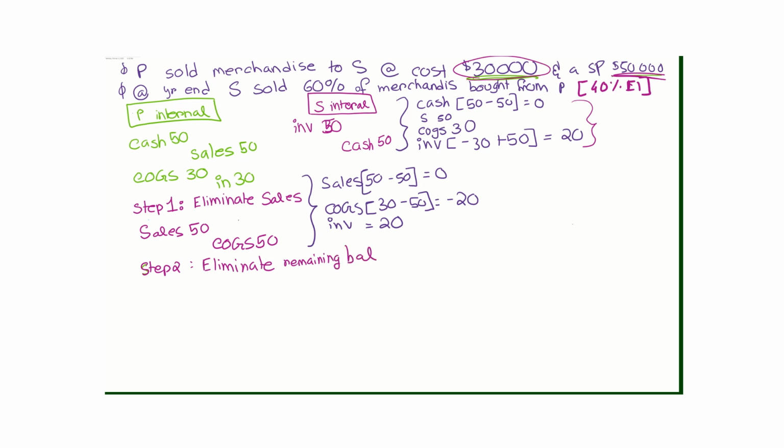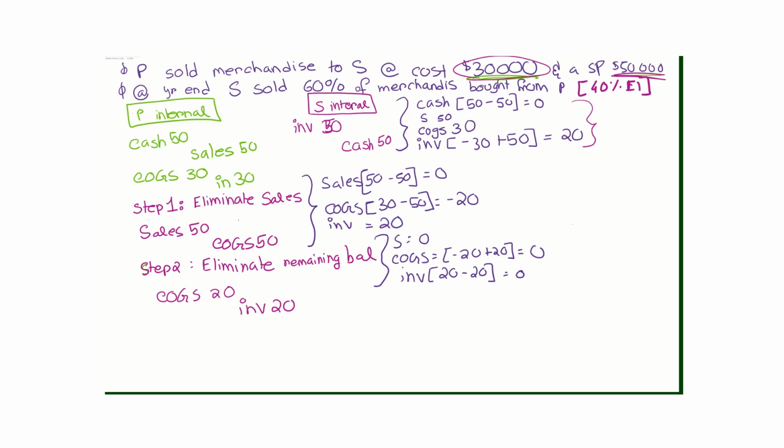They both balance out, so we're going to debit cost of goods sold for 20, and we're going to credit inventory for 20. So now our running balance is sales is 0, cost of goods sold is minus 20 plus 20, which is 0, and our inventory is 20 minus 20, which is 0. Great. All of our accounts balanced.